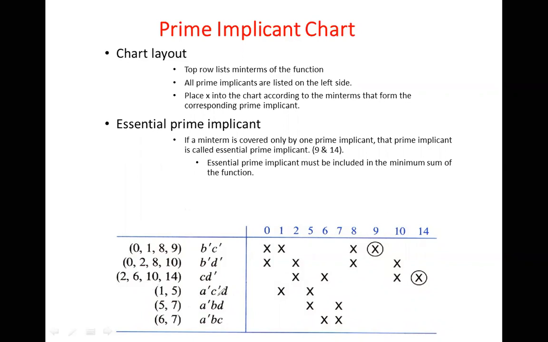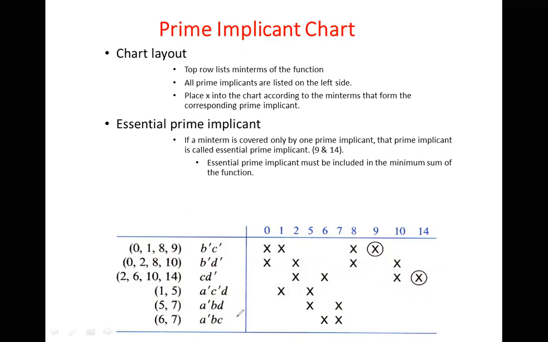To find the essential prime implicants, we have to choose them in such a way that all these min terms will be covered in these prime implicants.